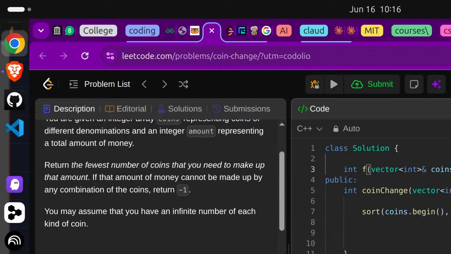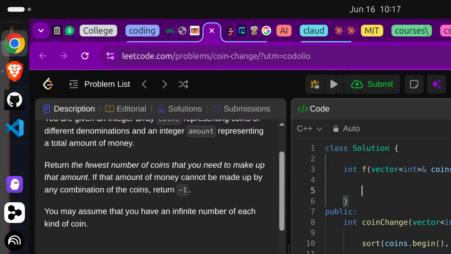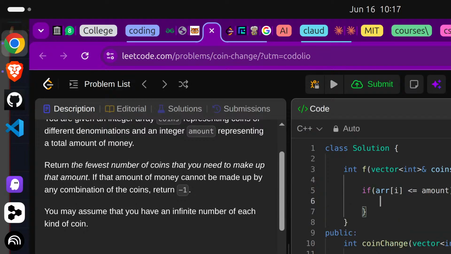Then we have index and amount. So what is the base case? Let's forget the base case first. Check if the coin is less than or equal to the amount we are targeting. So what we can do is either we take it or we don't take it, right?